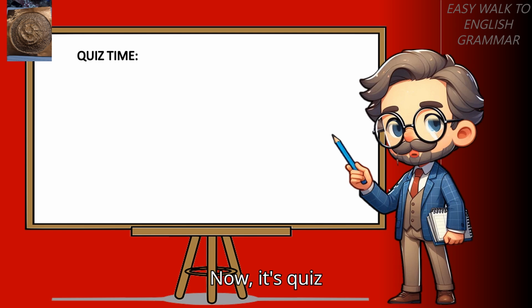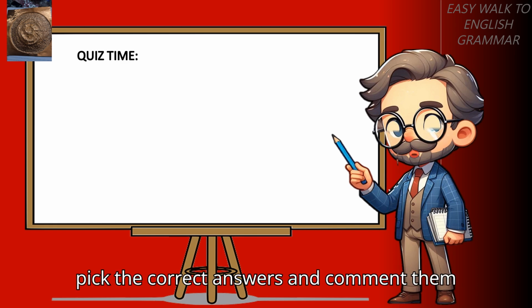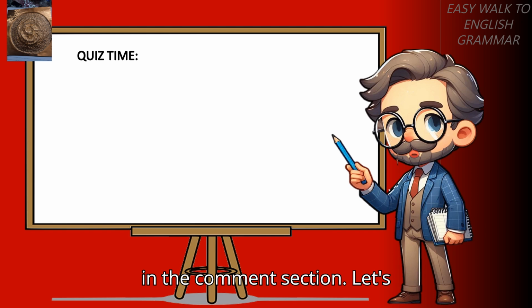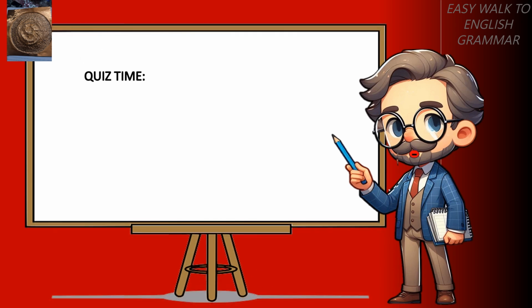Now, it's quiz time. I'll give you 3 sentences based on today's topic, each with multiple choice options. Pick the correct answers and comment them in the comment section. Let's start. 1.